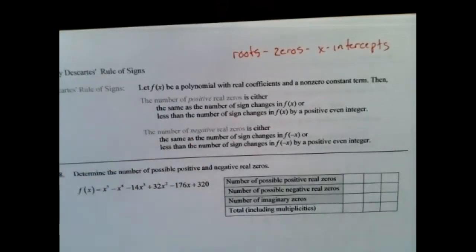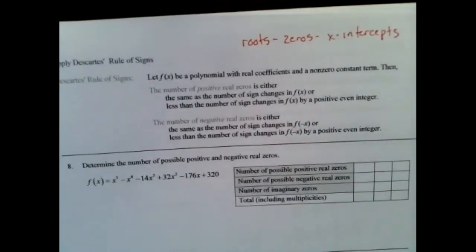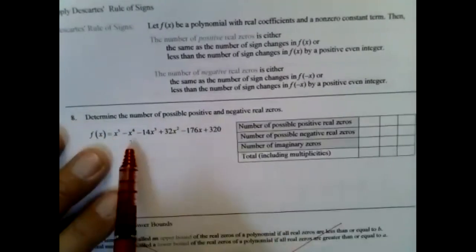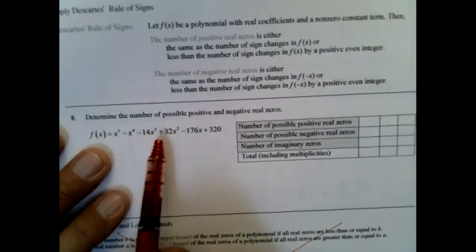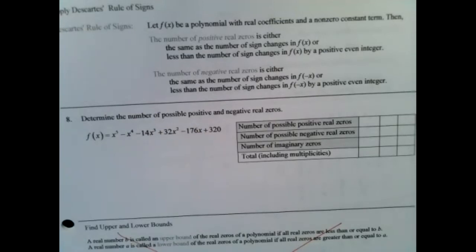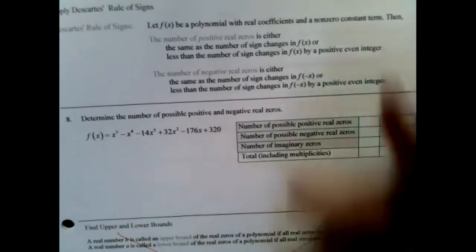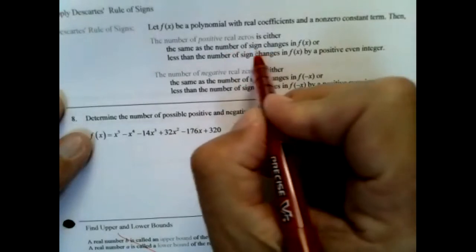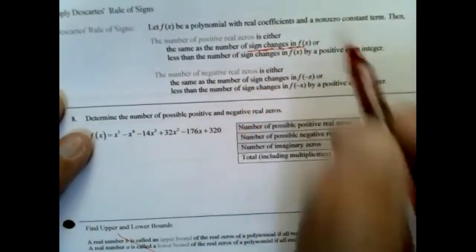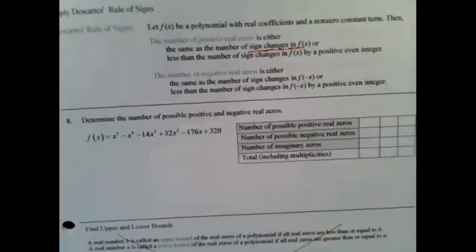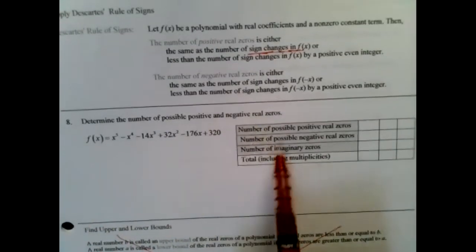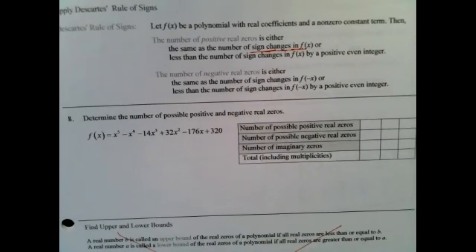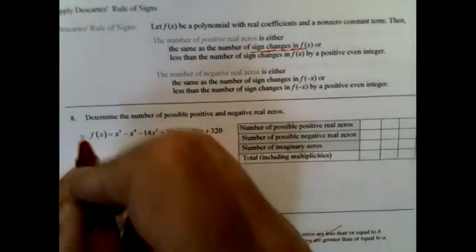Well, this fellow Descartes' rule of signs, Descartes says this: if I go through this original equation and I count the sign changes, the sign changes for f of x, that's going to tell me the number of possible positive roots. All right, what do you mean by that?